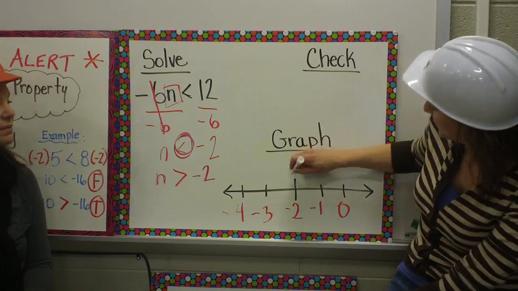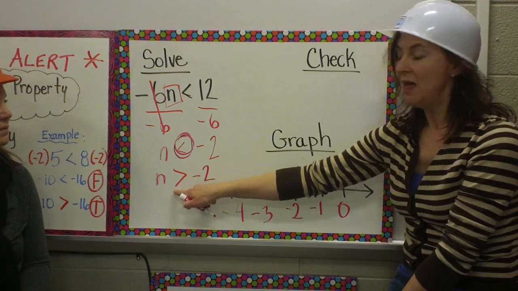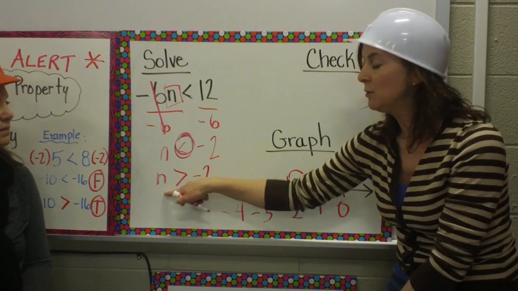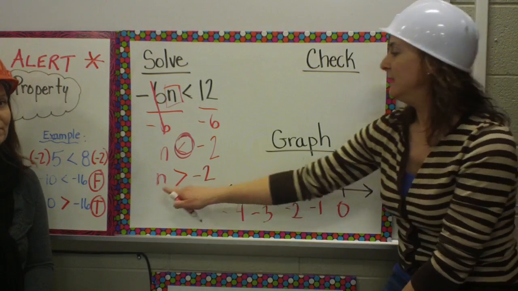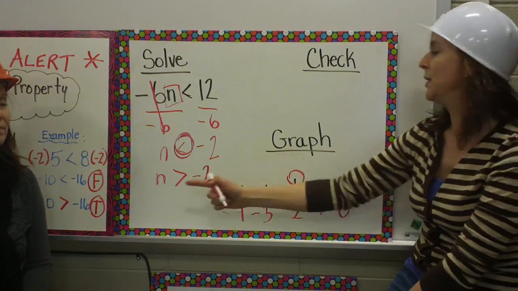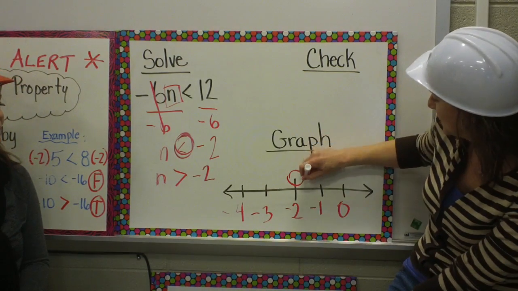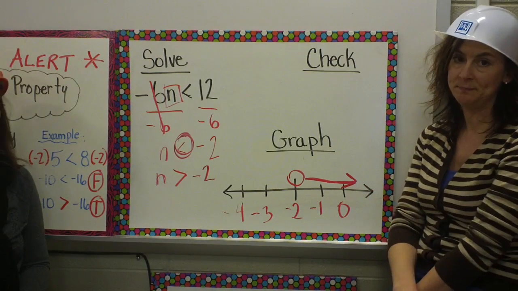So, I'm going to put a circle above the negative 2, and I'm going to check my inequality. There is no equal sign underneath there, so it stays open. Now, this states that n is greater than negative 2, so I'm going this direction because I want to indicate that my numbers are greater than.